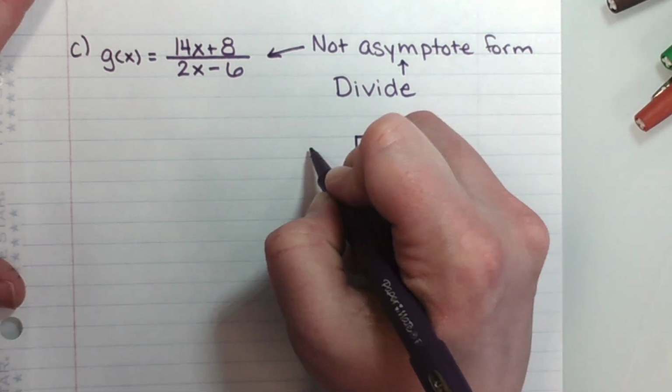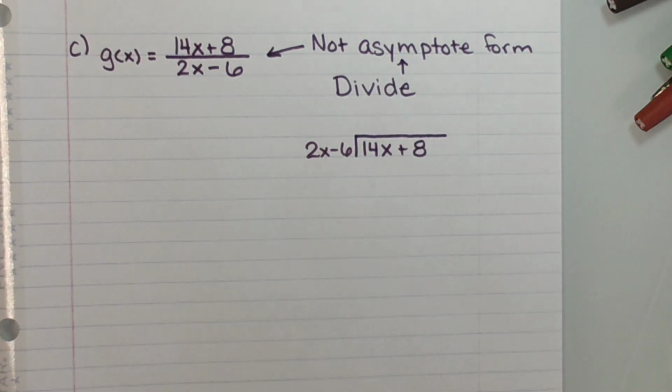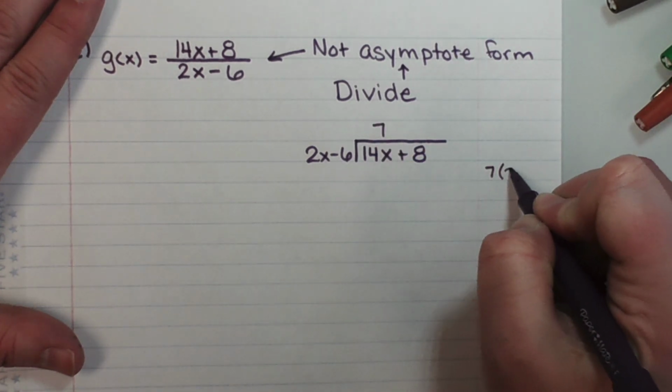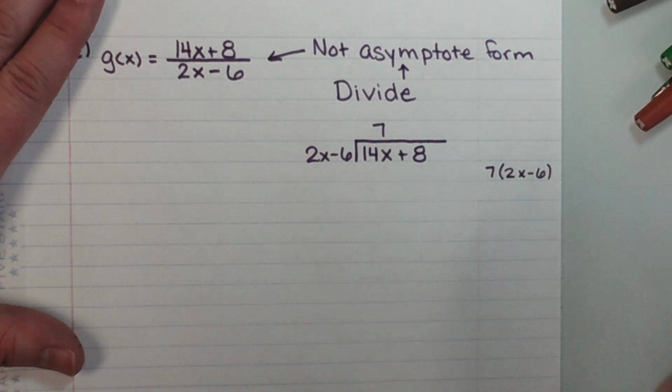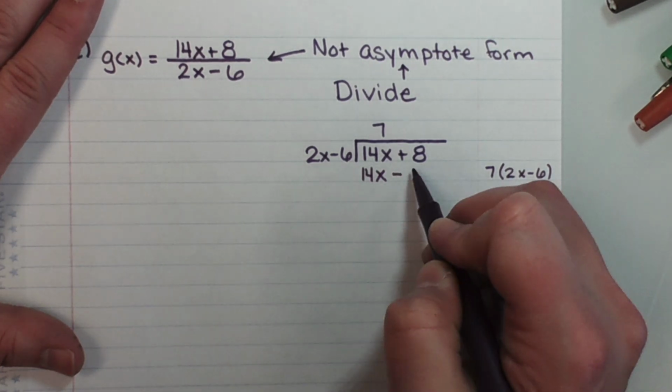14x plus 8 goes here, 2x minus 6 goes here. I'm not missing any terms. What do I have to multiply by 2x to get 14x? 7. And then off to the side, 7 gets multiplied by what I'm dividing by, and I get 14x minus 42.